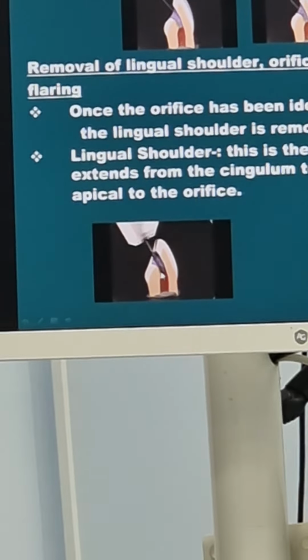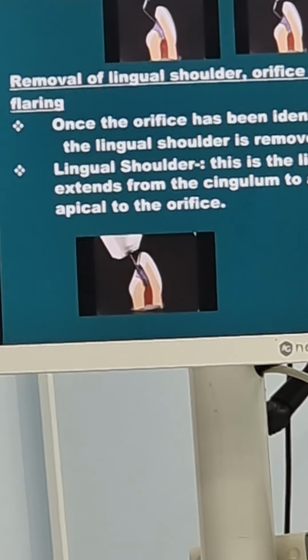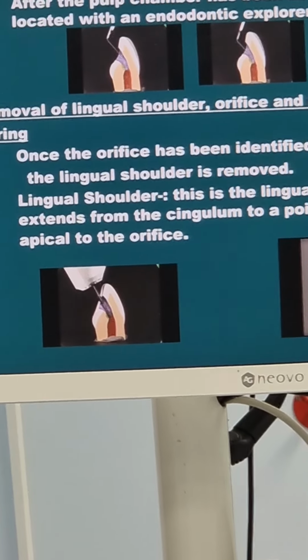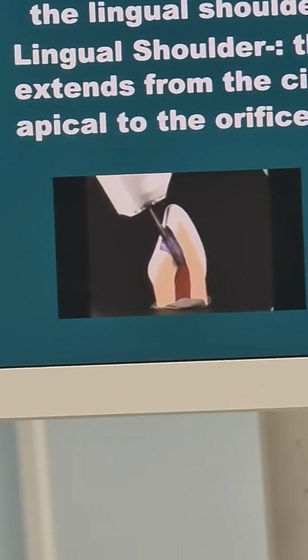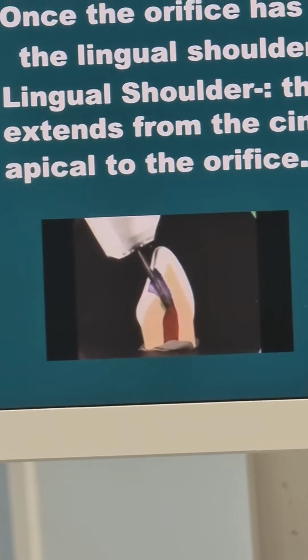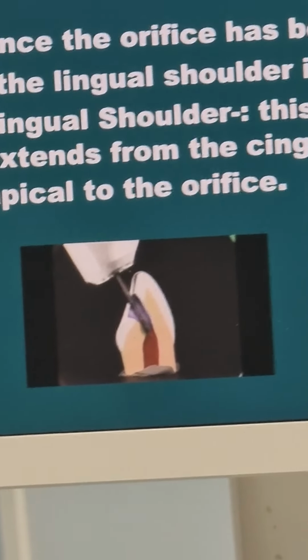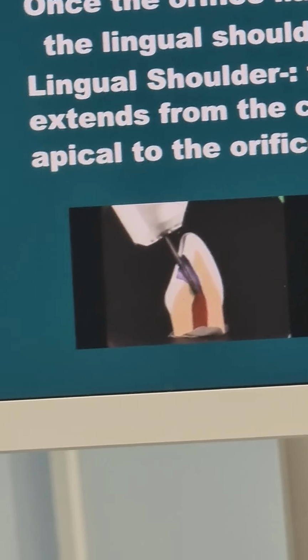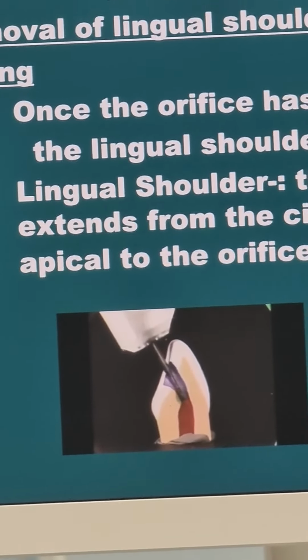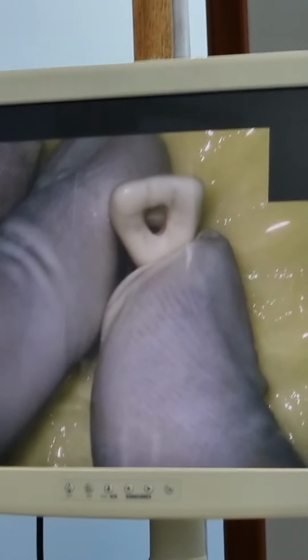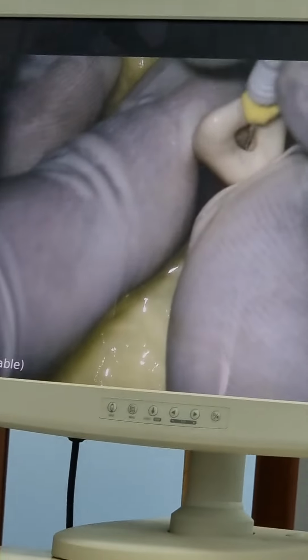This lingual shoulder is actually a dentin shelf, 1 or 2 millimeters below the level of the cingulum, on the lingual wall of your access cavity. If you don't remove the lingual shelf, where is the file? It's straight, yes, but I will not get a straight line access.